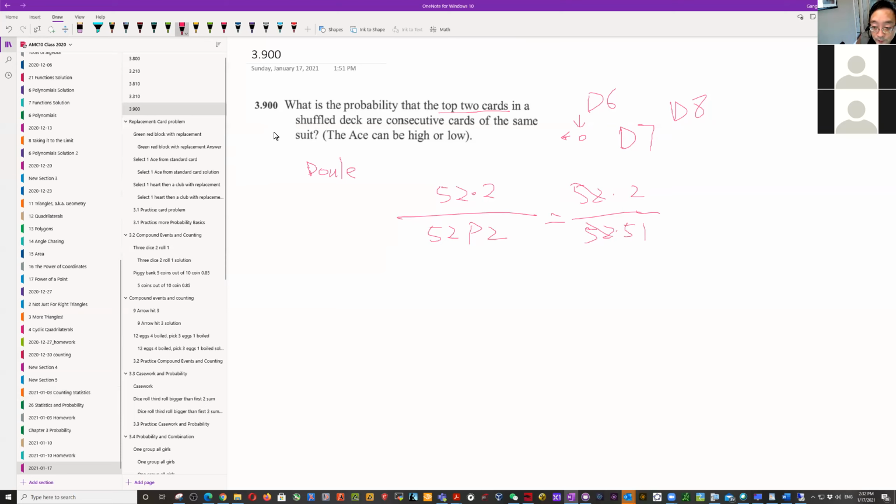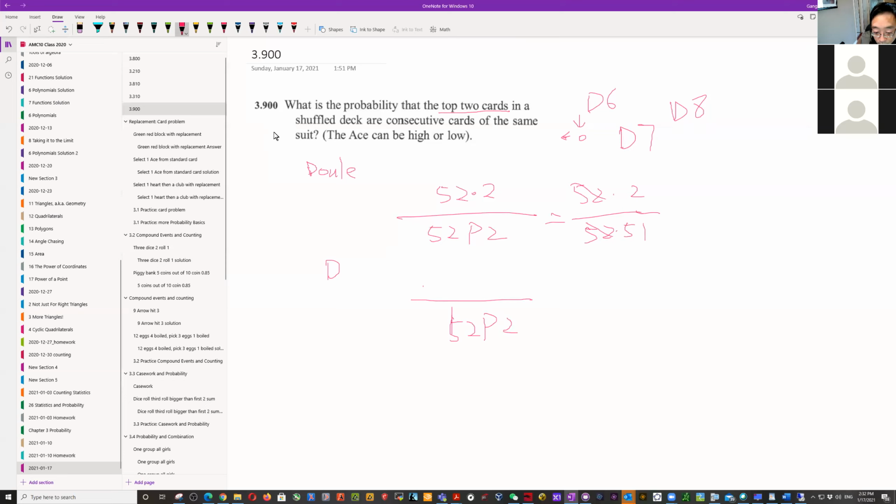Let's also try to think in terms of the suit. Let's say that we pick the diamond suit. The way to do the diamond suit is that the bottom is still 52 permute 2.